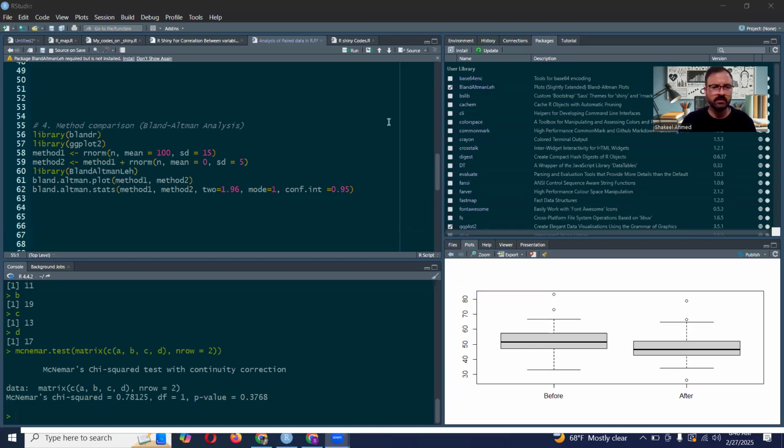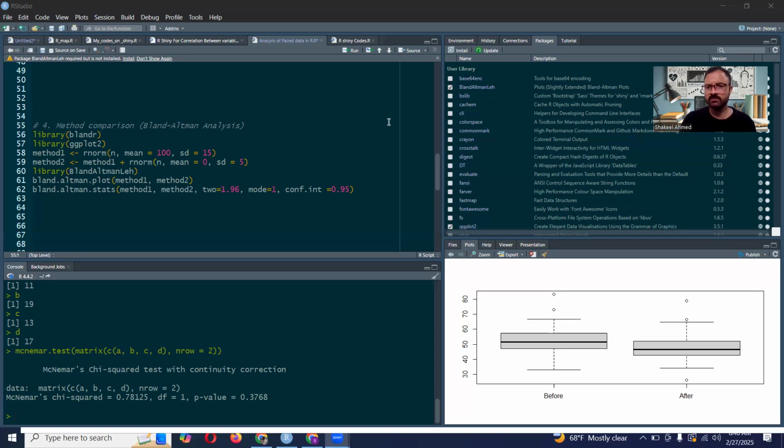In this video, we will discuss the comparison of different methods of measurement. For example, we have different raters, or we have two tests that measure a certain type of, for example, cholesterol level in patients, or we are measuring different blood related markers using two different methods.